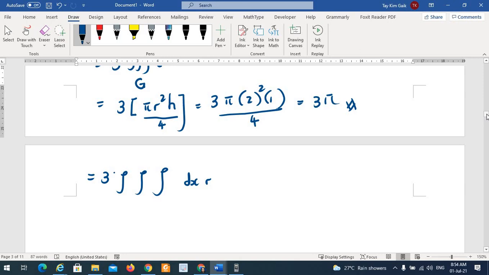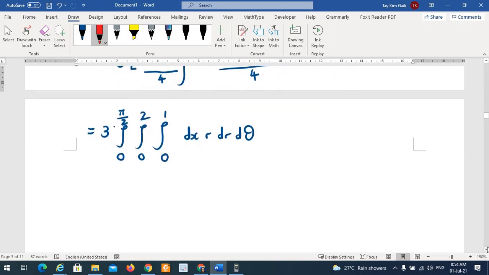This is cylindrical coordinates, so this is r dr d theta. The cylinder is bounded from x equals 0 to 1, the radius of the cylinder is 2 units, and theta is in the first quadrant only, so 0 to pi over 2. Of course, the easiest is the first one, using the formula of a cylinder. But if you want to test your knowledge of triple integrals, then you can use this one, cylindrical coordinates.